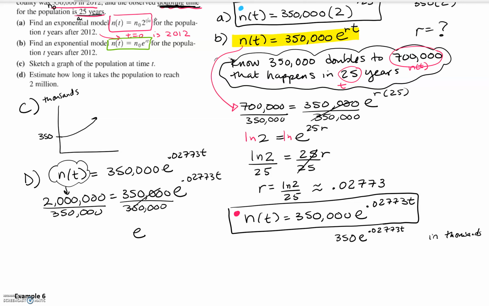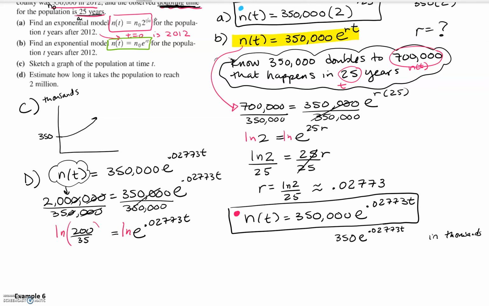So we've got e to the 0.02773t. These are gone. So I have 2,000 over 350. I can punch that in and approximate, or just carry it all the way into my TI. That way I don't have round off error.